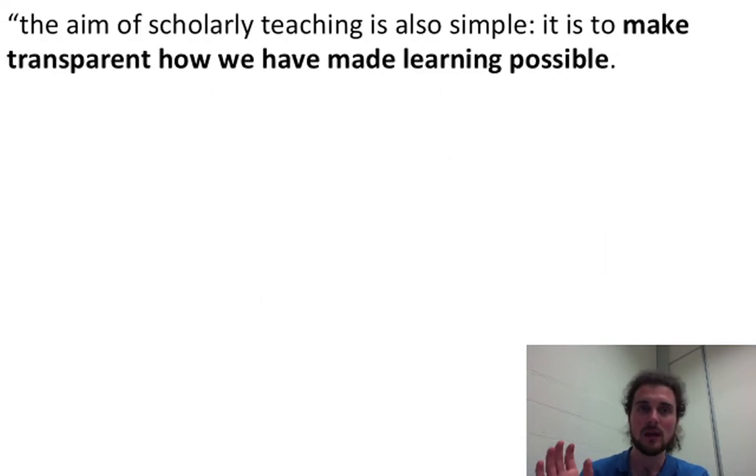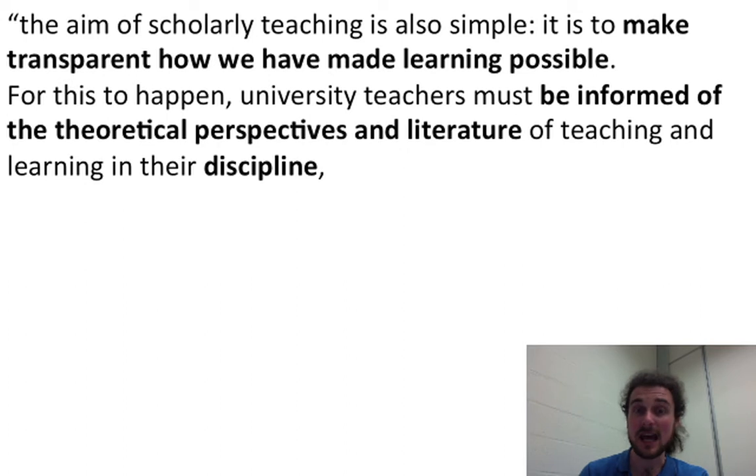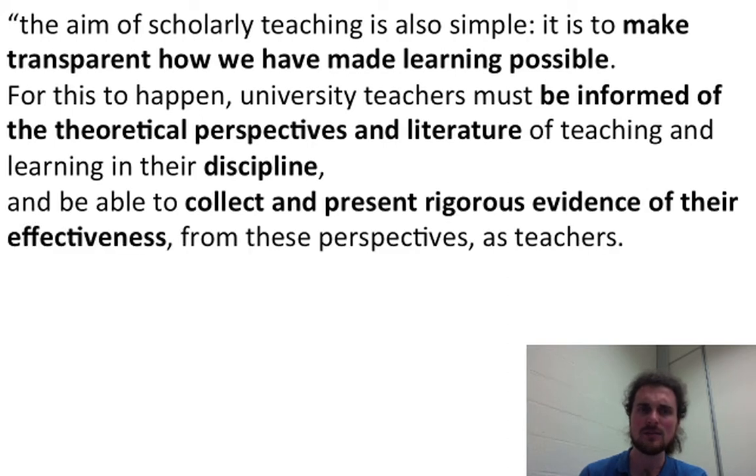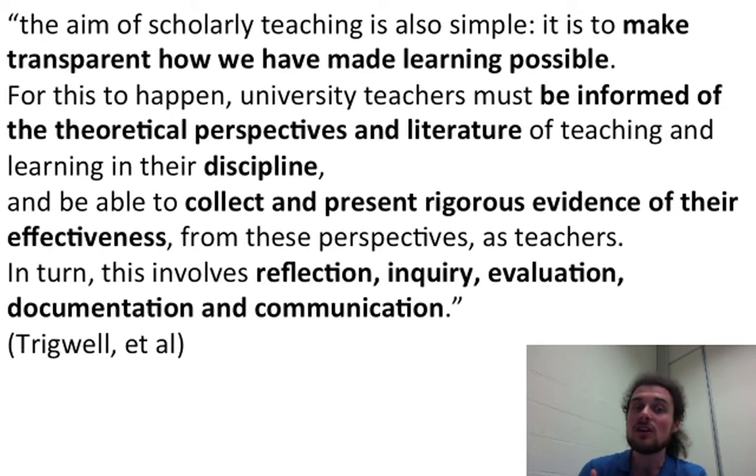Cool. Here's another one. The aim of scholarly teaching is also simple. It is to make transparent how we have made learning possible. For this to happen, university teachers must be informed of the theoretical perspectives and literature of teaching and learning in their discipline, and be able to collect and present rigorous evidence of their effectiveness from these perspectives as teachers. In turn, this involves reflection, inquiry, evaluation, documentation, and communication.